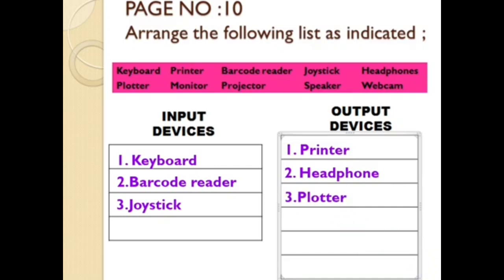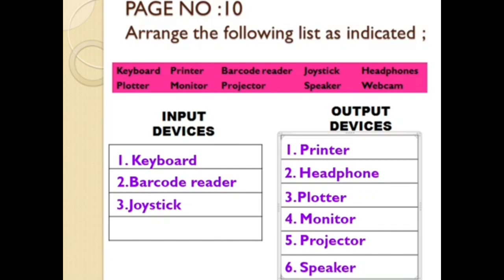The next one is monitor. In a keyboard, when you type A, that shows on the monitor. So here monitor acts as an output device. Projector. Projector is also an output device. Speaker. Here also we have to listen to the music. So it is also an output device.